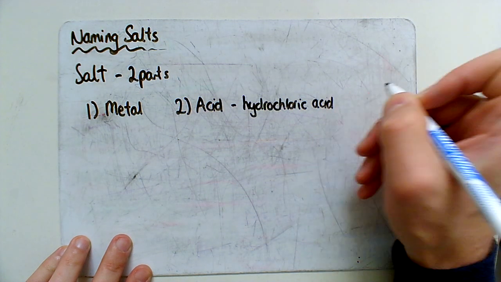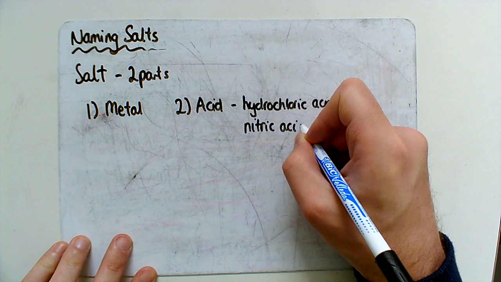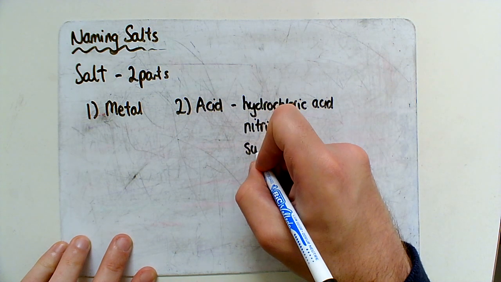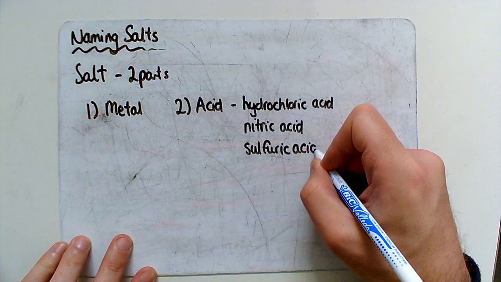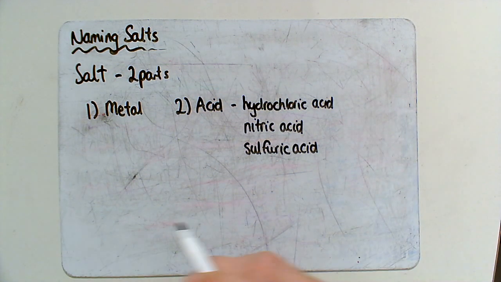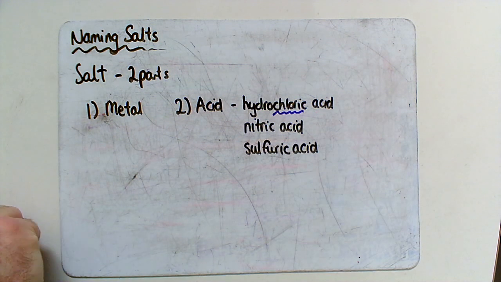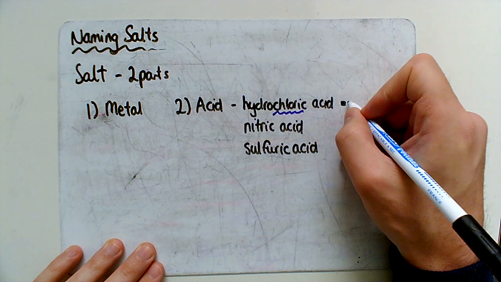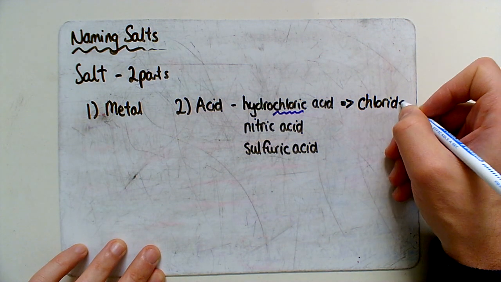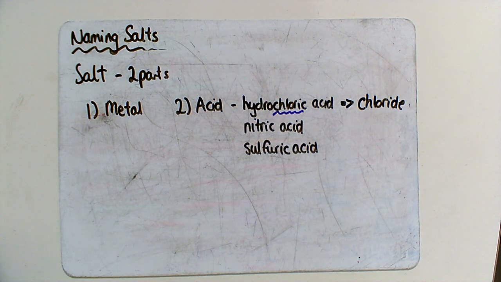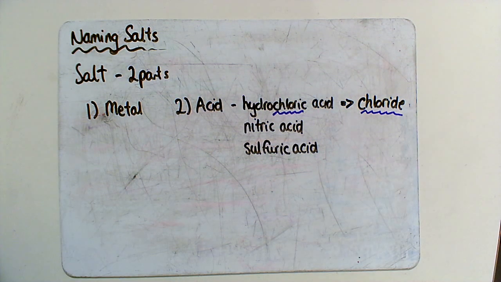acid, then we have nitric acid, and we have sulfuric acid. If we had hydrochloric acid, we've got this chloric part, and that gives us chlorides. Chloric, chloride.